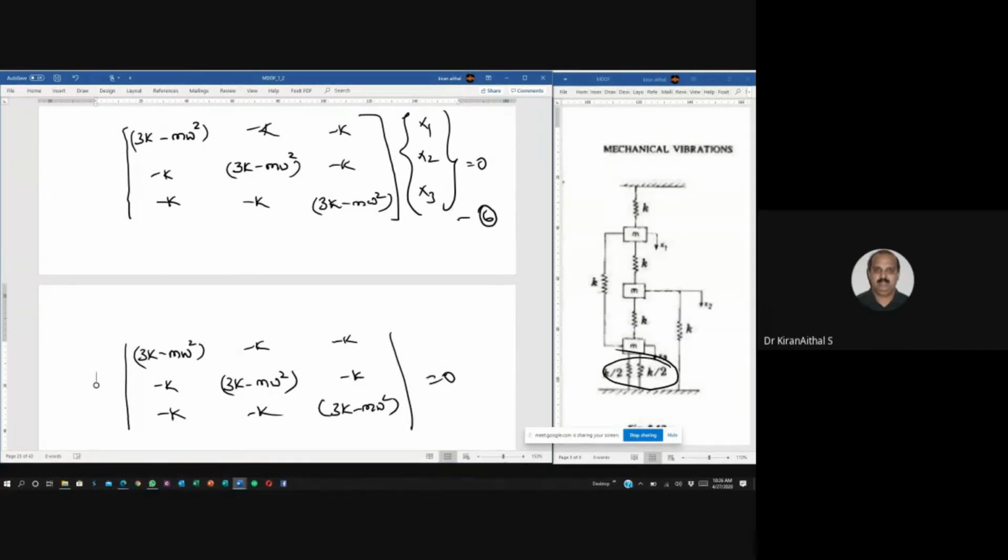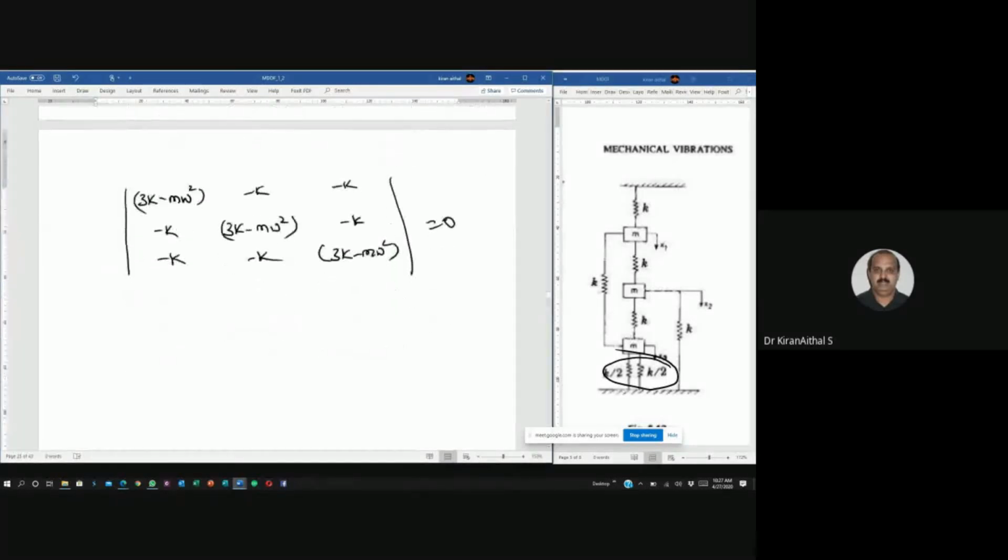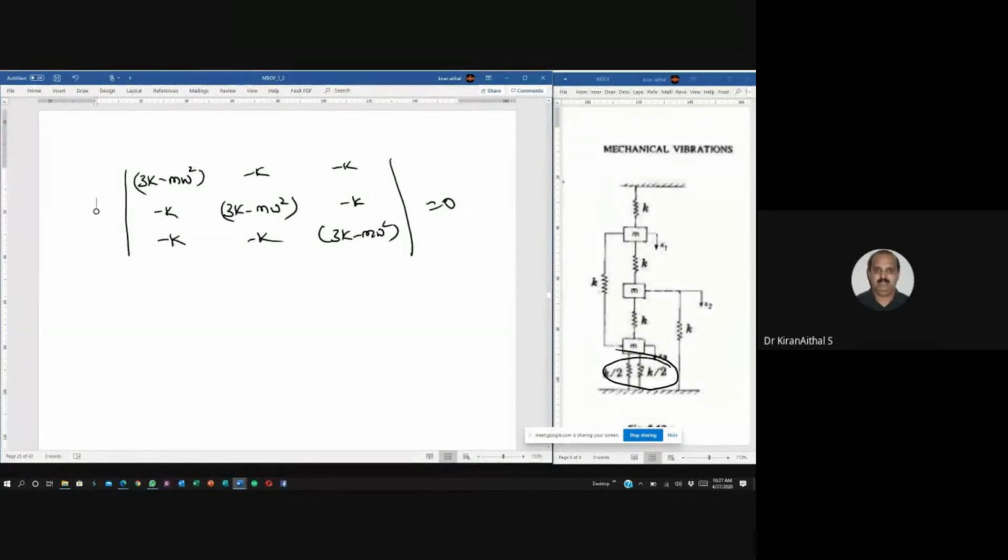It becomes 0. Now I have to expand this particular determinant.